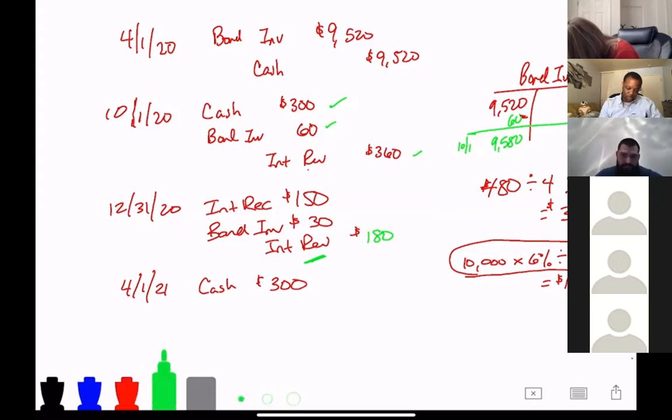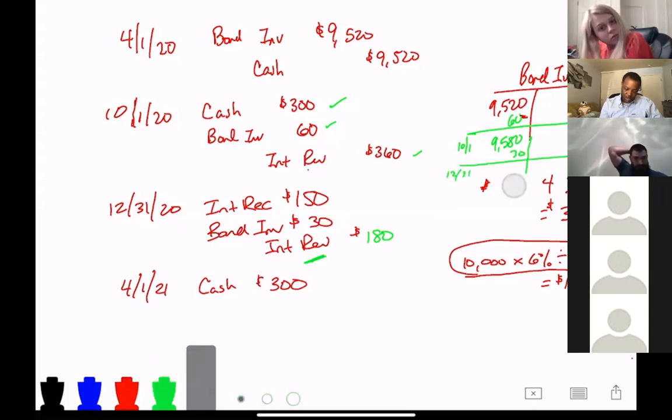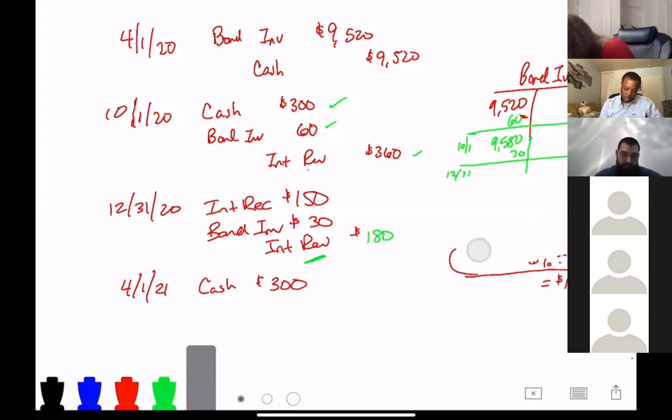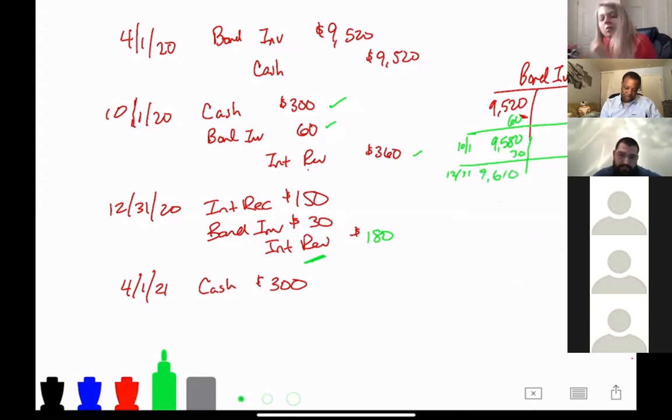Oh, wait, I'm sorry. Before I do that, back up. $30 gets added here. So at 12/31, that's at, oh man, that's some hard math. 9,610. Okay, let's go with that number. Then we're going to increase our bond investment by $30.